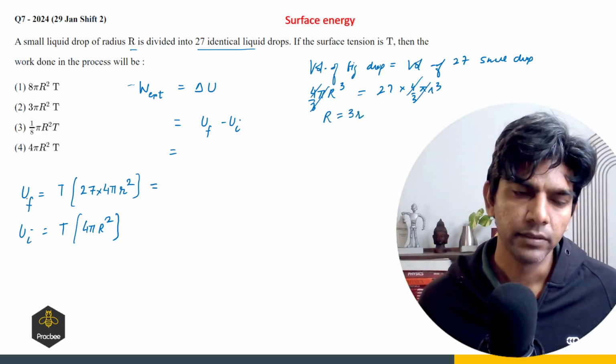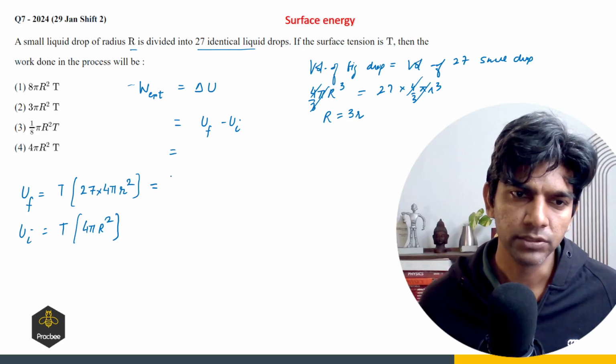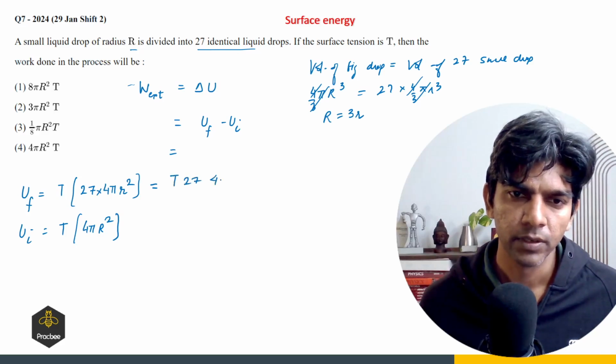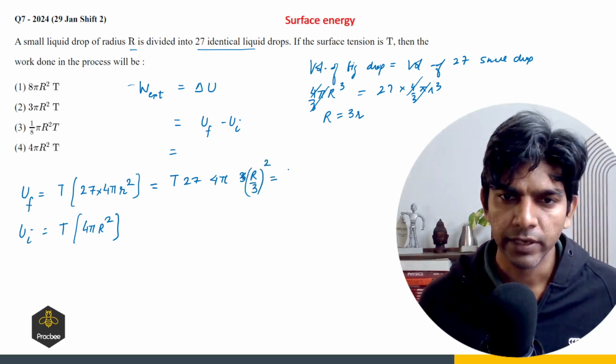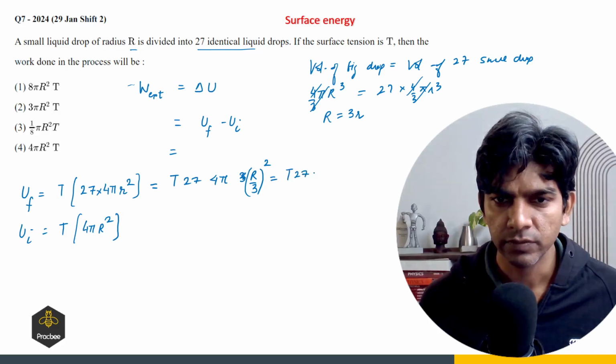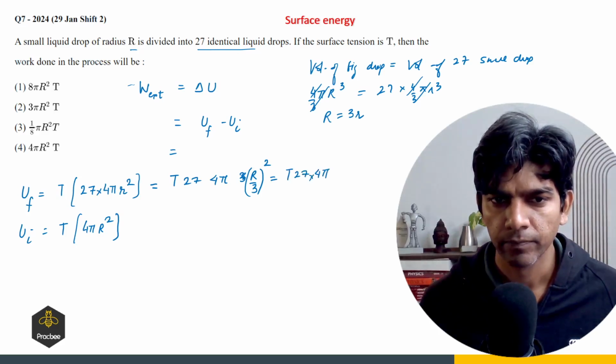So we can write final potential energy as T times 27 times 4 pi capital R by 3 square. So that will become T times 27 times 4 pi R square by 9. So that will give us 3.